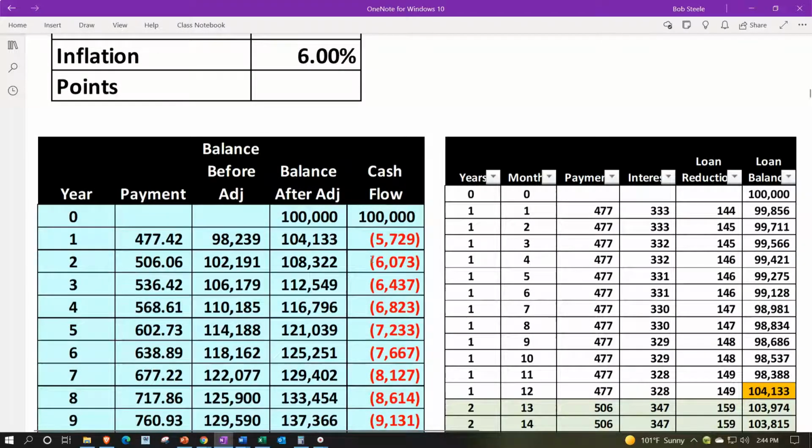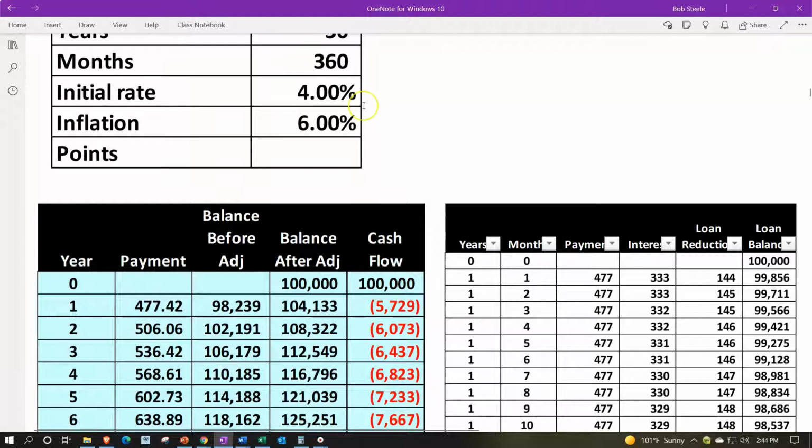So let's see how this would work then based on that information. We got our same kind of loan structure, meaning if we had the 4% that we start with, we can set up our amortization table, which would be the $100,000 amortization table on the loan. We have the payments calculated based on the 4%, which would be the 477.42 in this case. Interest rate at the 4%, it would all work out, and we can plan it on down. But at the end of each time frame, we're going to update the loan amount.